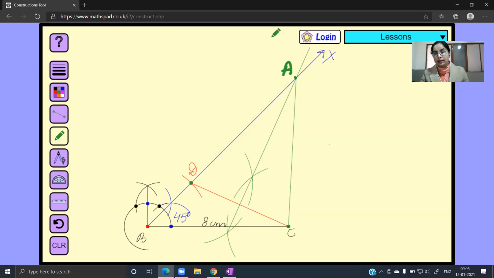I want you to measure the lengths of AB and AC and check their difference. The difference should be 3.5 centimeters. As you can see from the triangle itself, after construction, AB side is longer and AC is shorter.